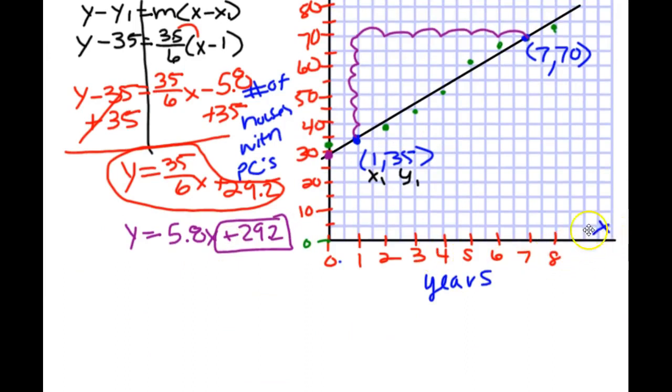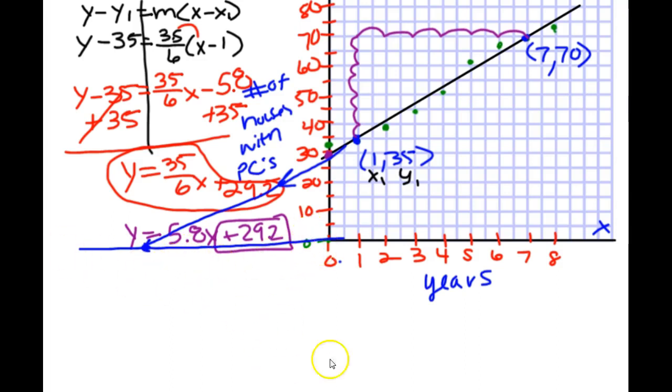So the zero of a function is when we cross the x-axis at 0. If this pattern continued, our graph would continue to go this way to get where we're crossing the x-axis. So it would be somewhere over here. I'm going through my numbers. So we know it's going to be a negative number.